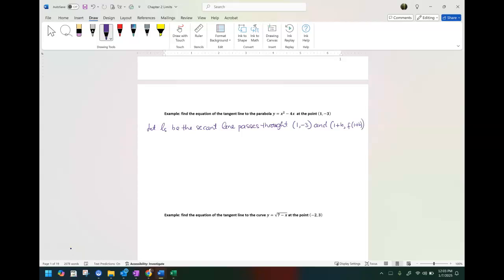Then the slope of the secant line is equal to f of 1 plus h minus f of 1 divided by 1 plus h minus 1. So that is (1 plus h) squared minus 4 times (1 plus h), minus f of 1, which is 1 squared minus 4 times 1.